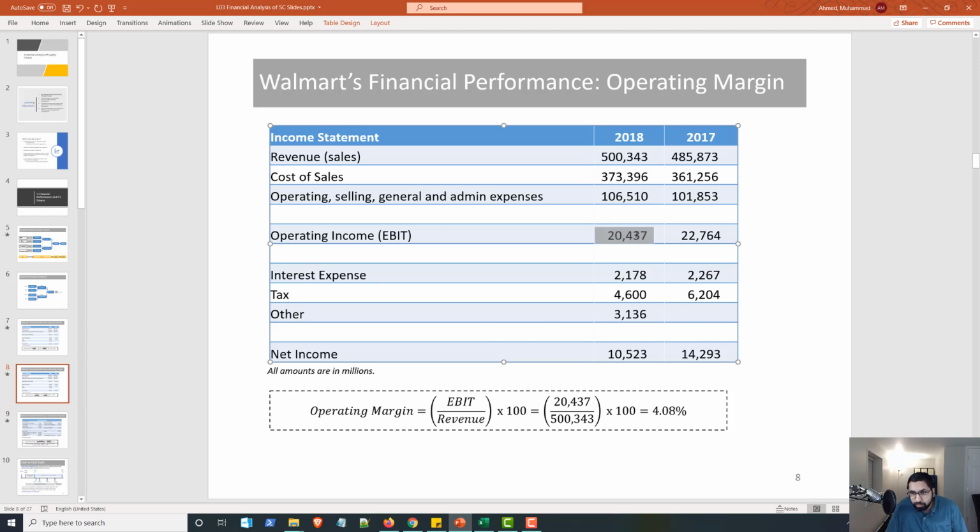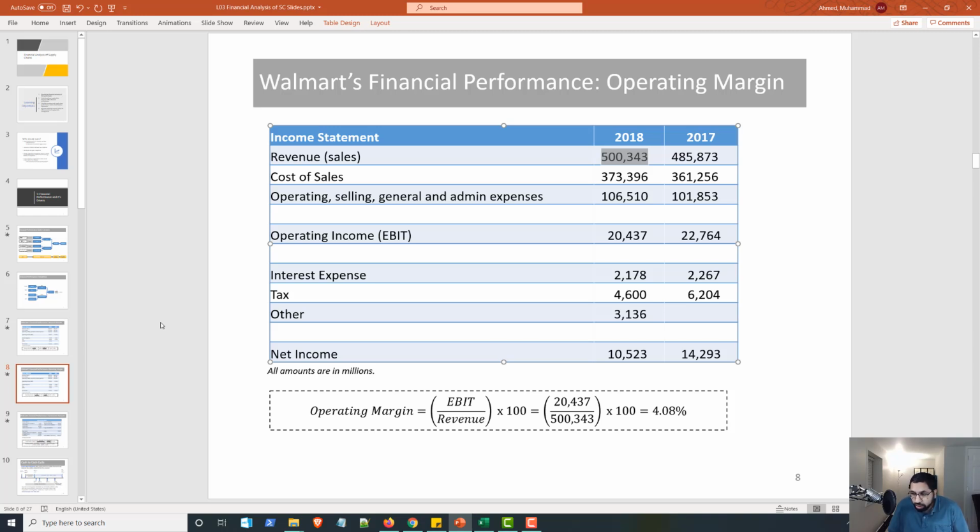So we can get their latest EBIT, divide it by the revenue, multiply by 100 to convert to a percentage, and we get 4.08%. What does that mean? That means for every dollar of sales that Walmart does, it makes 4 cents on that sale, and about 96 cents are paid up in costs.